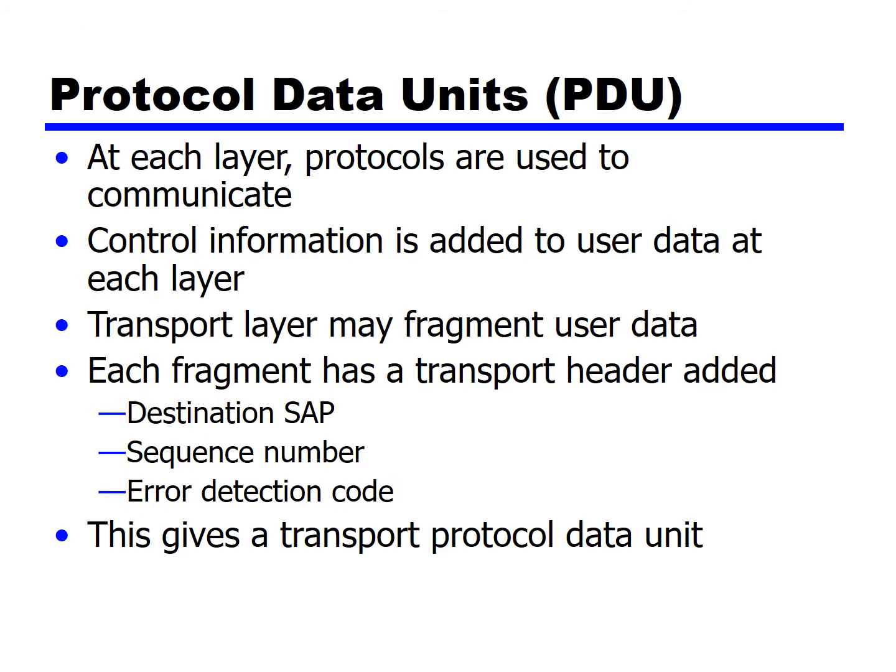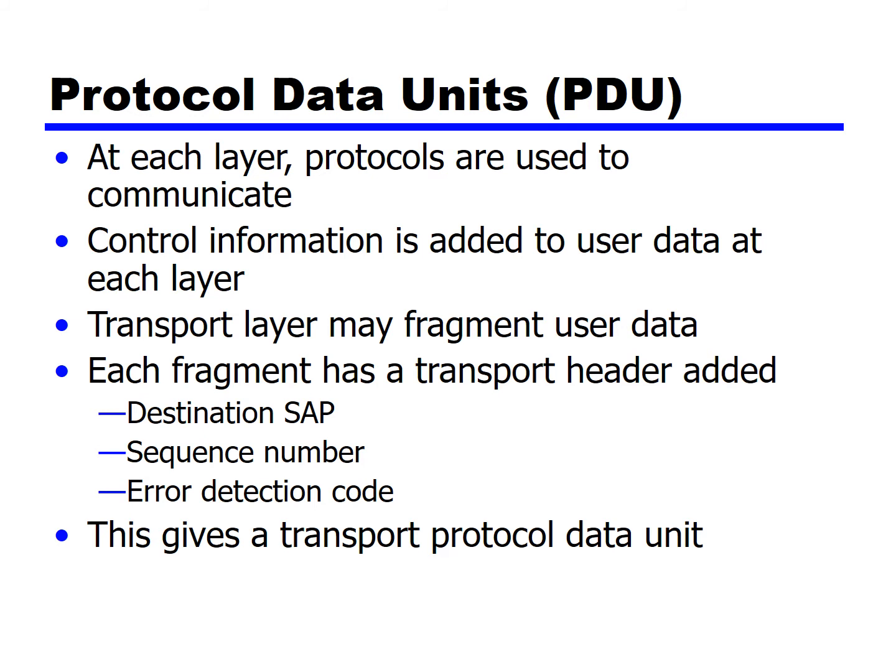Protocol data units, PDU. What is the abbreviation of protocol data units? PDU. At each layer, protocols are used to communicate. Control information is added to user data at each layer.